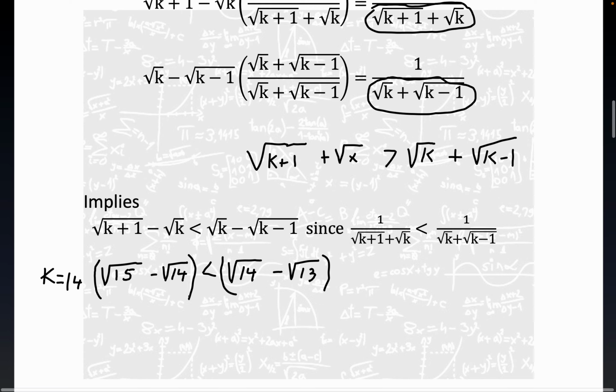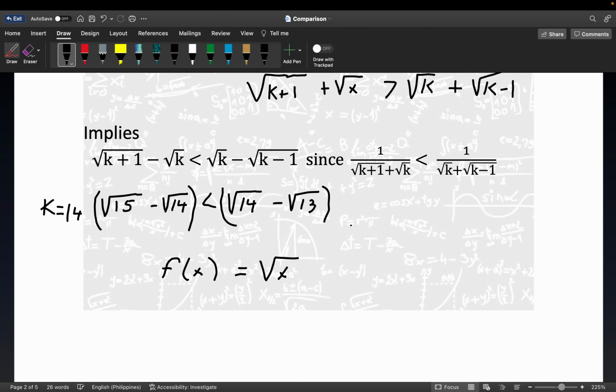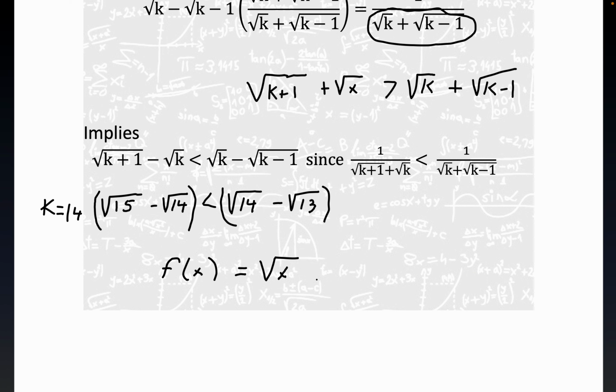If you think about it, this is very related to calculus. If you let f of x equal the square root of x, I won't go through all the steps, but it's not hard to show that f double prime is less than 0.